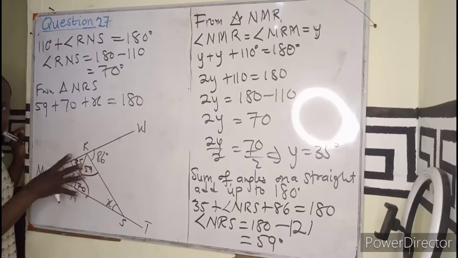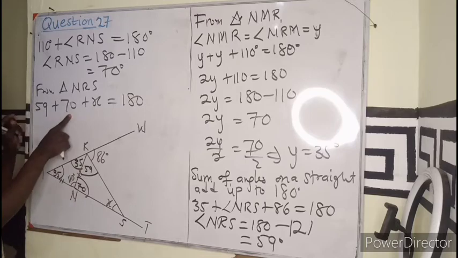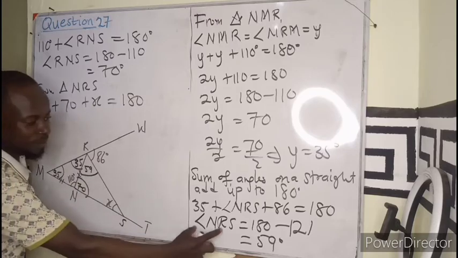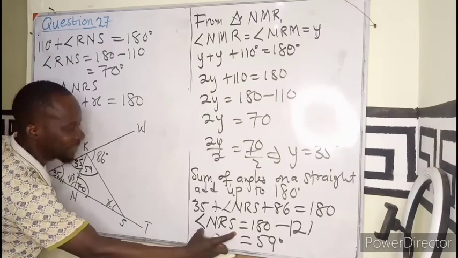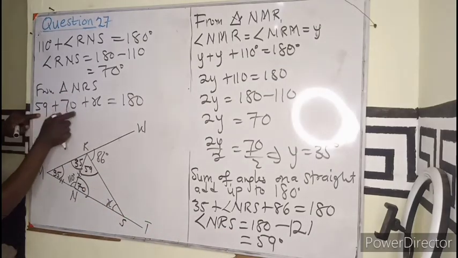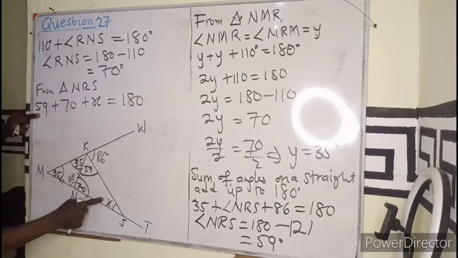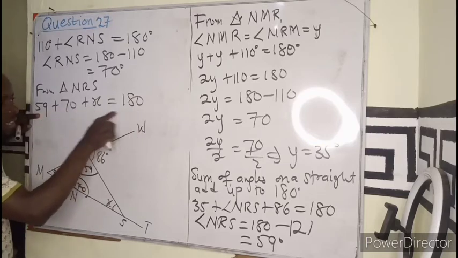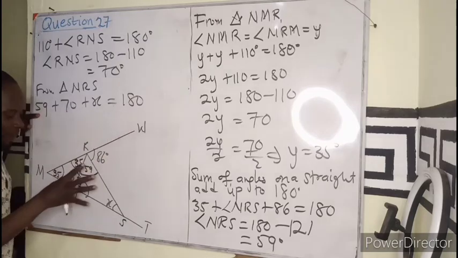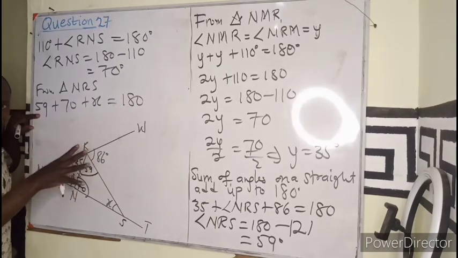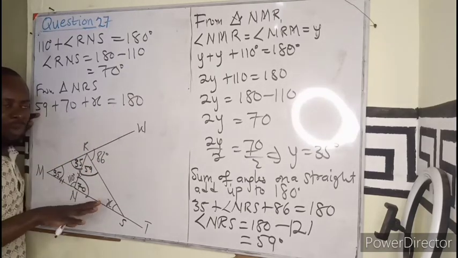But I am looking at a diagram, that's why I'm writing 59, 70. You have to write angle NRS in this place, plus angle RNS in this place, plus x, before you write this step. Because I am looking at my diagram, and yours is going to be on the question paper, not on the answer booklet.